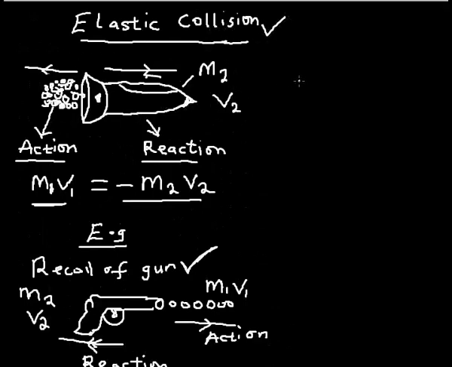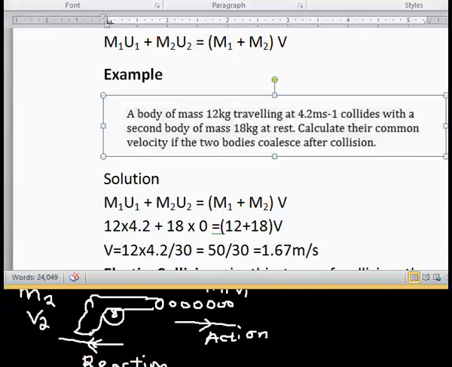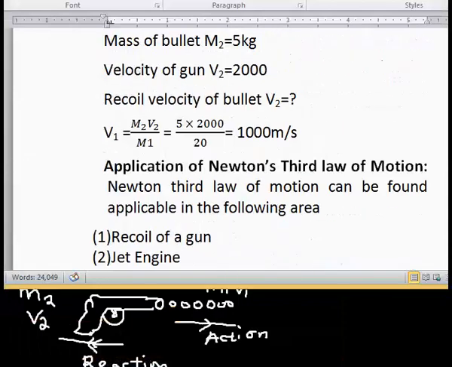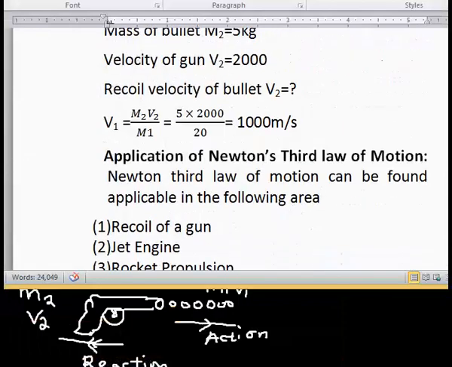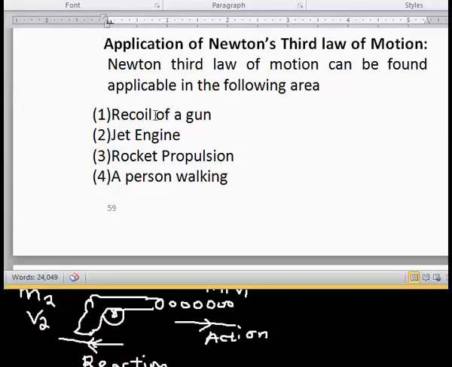The movement of a rocket is also an application of Newton's third law. Rocket propulsion uses a jet engine, an engine that issues gas at a very high velocity to create a reaction that propels the rocket forward.